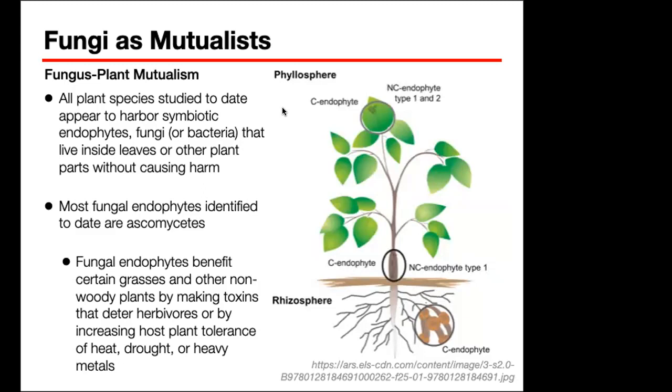Most fungal endophytes identified to date are ascomycetes, our sac-like fungi. Fungal endophytes benefit certain grasses and other non-woody plants by making toxins. Other than providing nutrients and minerals for the growing plant, some endophytes can produce toxins that deter herbivores. So when there are fewer herbivores, it would increase host plant tolerance to heat, drought, or heavy metals.